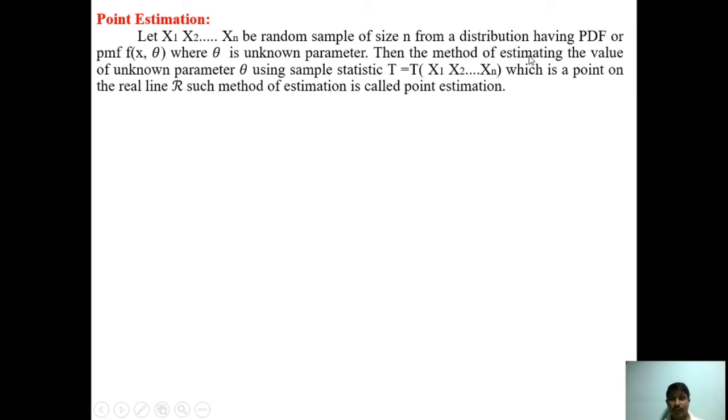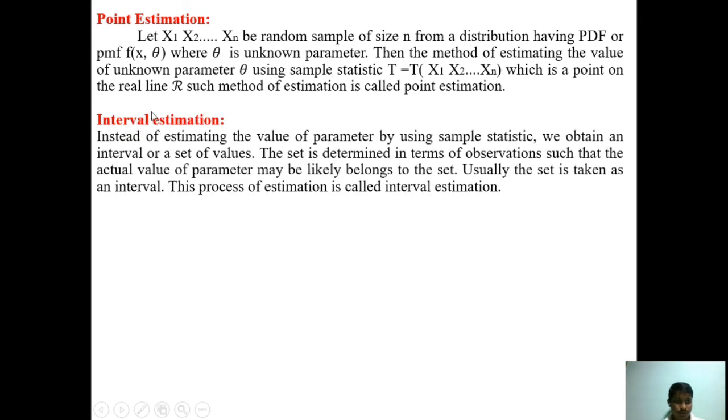Then the method of estimating the value of the unknown parameter theta using a sample statistic T, where T is equal to T of x1, x2, up to xn, means it is any function of sample values, which is a point on the real line. We obtain a statistic which is a point on the real line. Such a method of estimation is called point estimation.